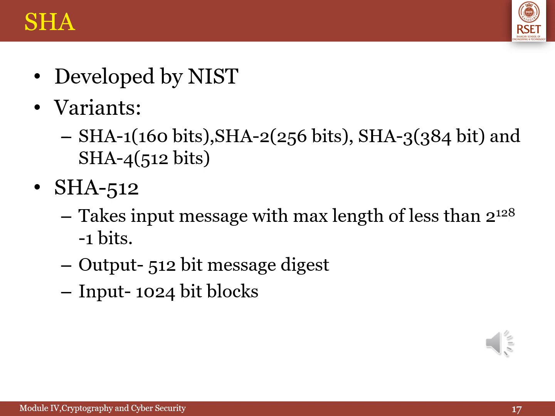It accepts the message as 1024-bit blocks and has 80 rounds. The different variants of SHA, with their maximum message size, block size, message digest size, number of rounds and word size, are given in detail in the next slide.